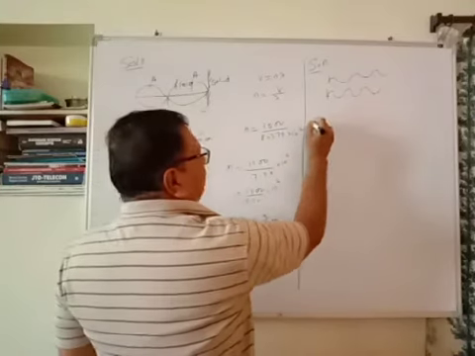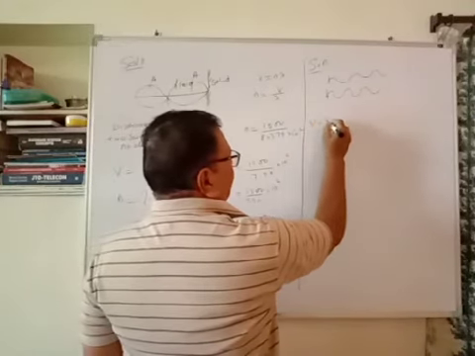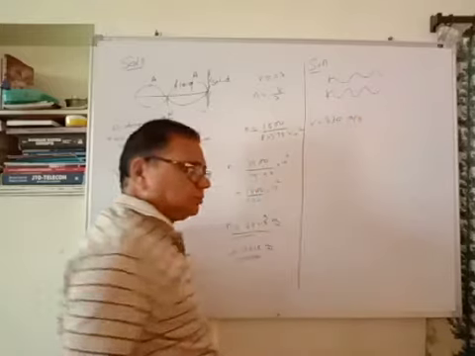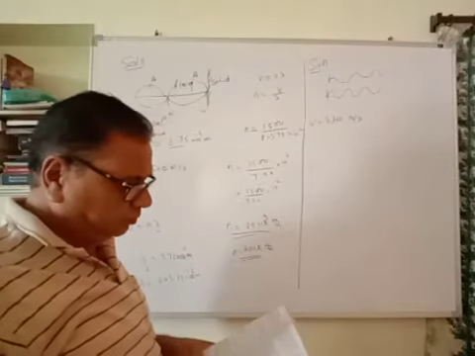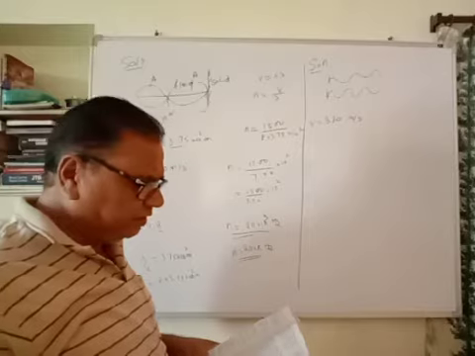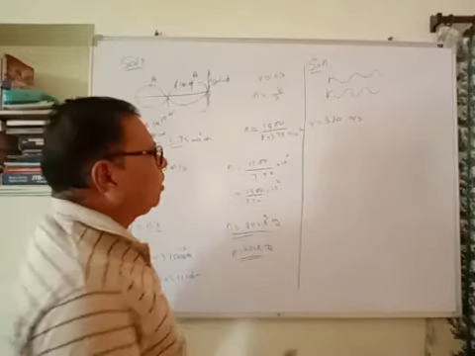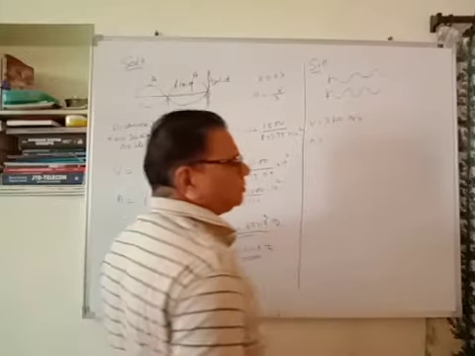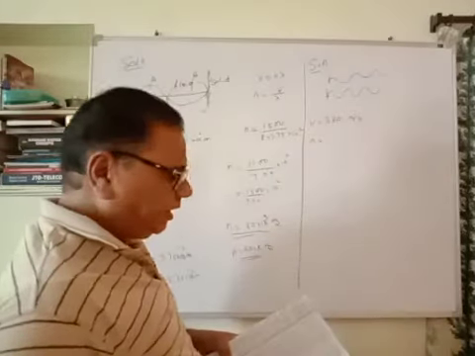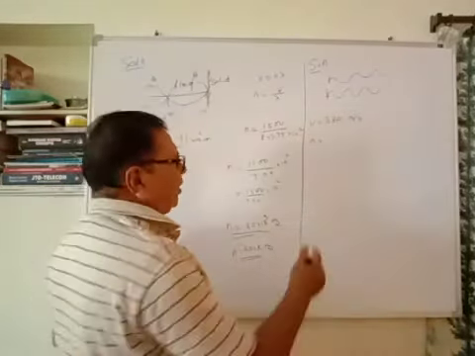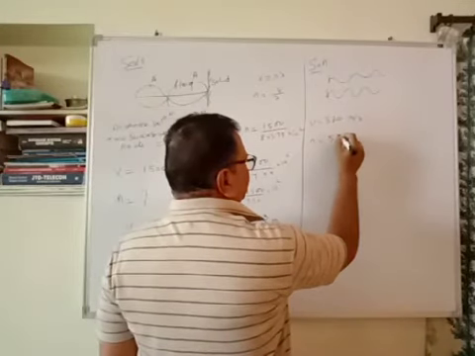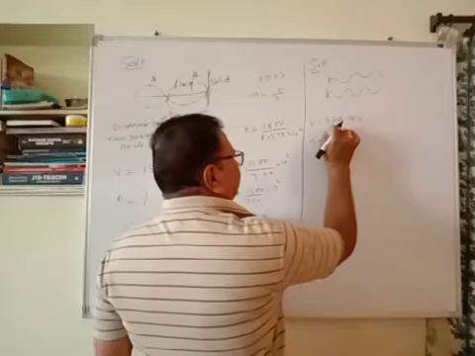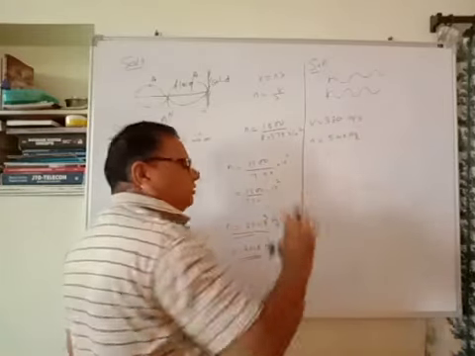Both are moving with the velocity v equal to 330 meter per second. If the frequencies of both the waves are identical, n is equal to 540 hertz. The medium is the same, velocity is the same, frequencies are the same.